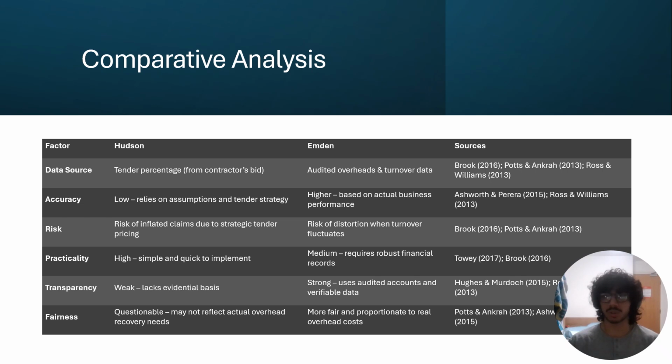Hughes and Murdoch also argue that transparent, evidence-based methods align better with the modern legal and commercial environment. This comparison demonstrates why neither Hudson nor Emden fully satisfies the requirements of fair and accurate overhead recovery.